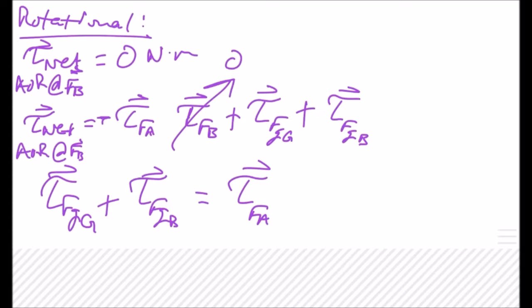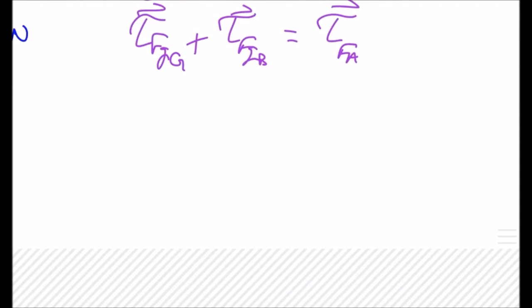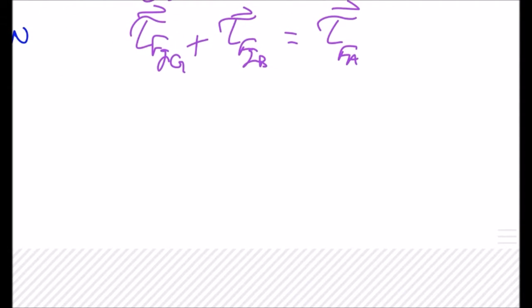After I've got my torque statement, what do I want to do now? Expand it using the torque equation, right? Okay, so what is the equation that I would get from the first one here? What would I say?